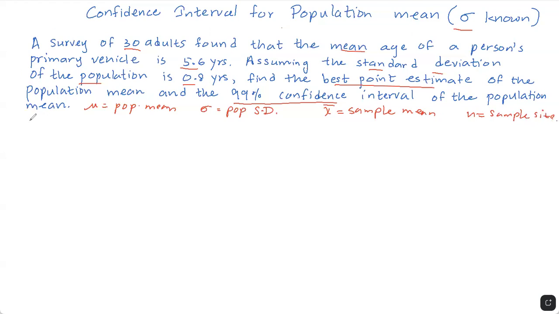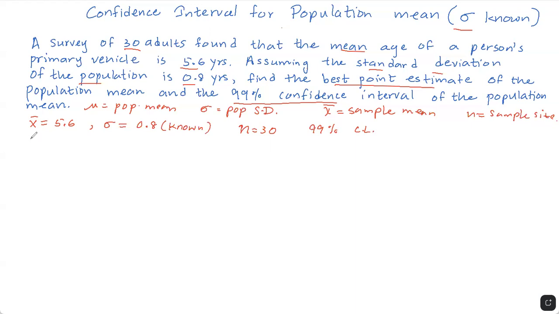So let's see what is x bar, in this case 5.6. And standard deviation of the population is given, 0.8. So it is known, right? And then we have sample size 30 adults and we have 99% confidence level.